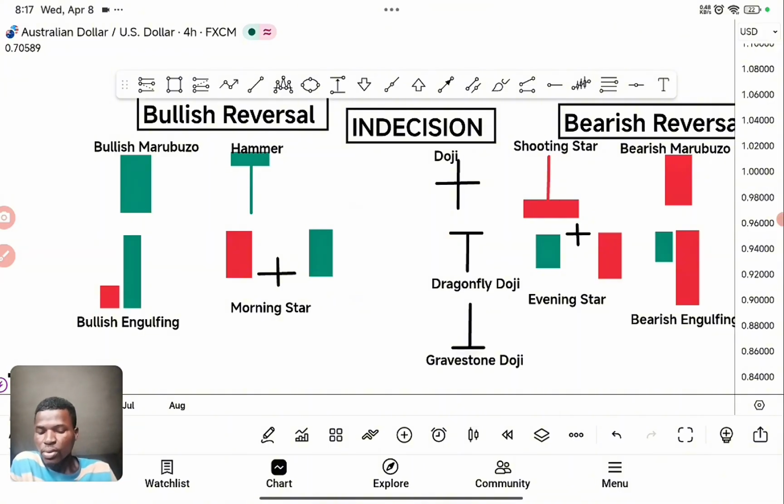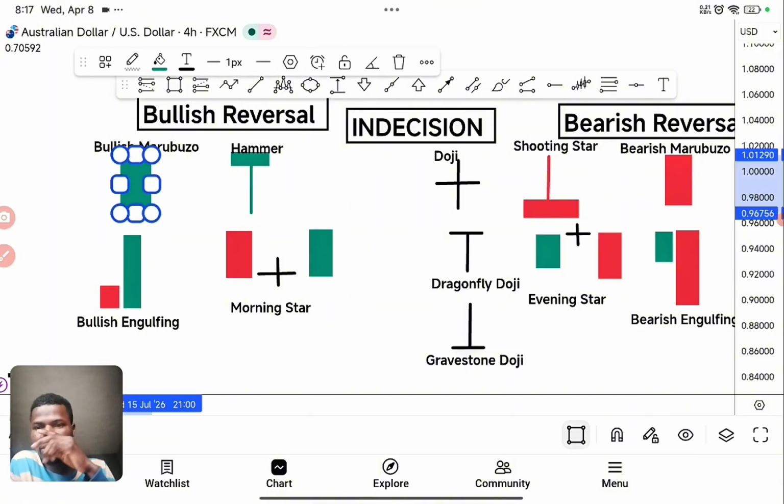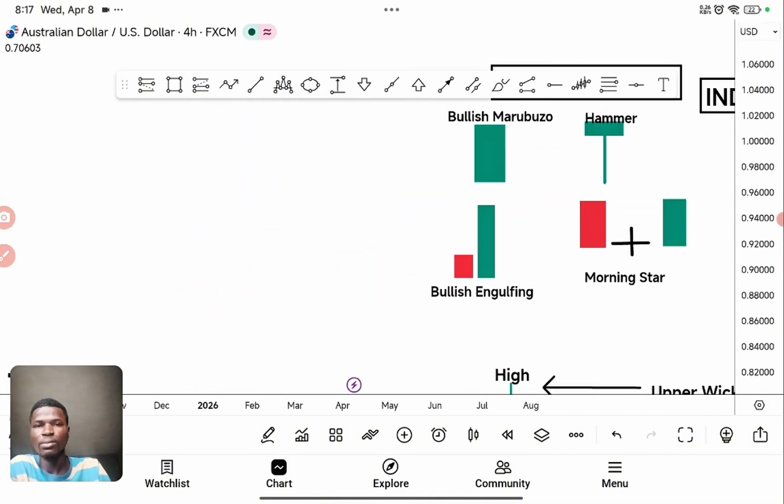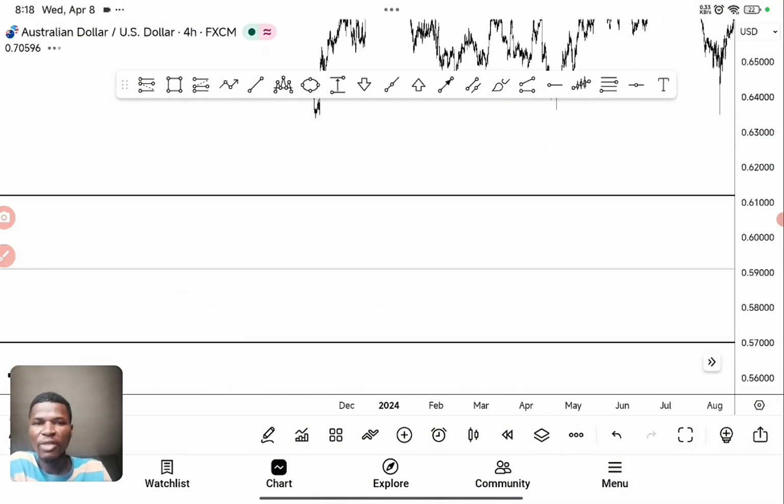So, zones. When you spot candles like a bullish hammer, Marubozu, or bullish engulfing, you know how the candle will reverse. Let me take it to the chart. This is a perfect example.